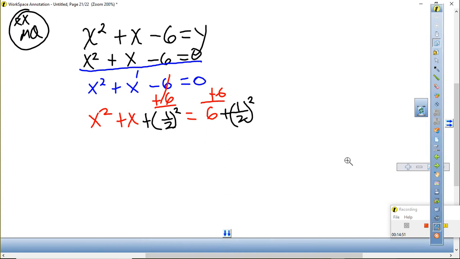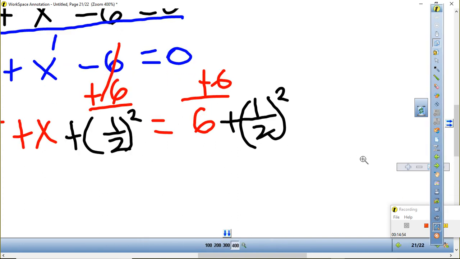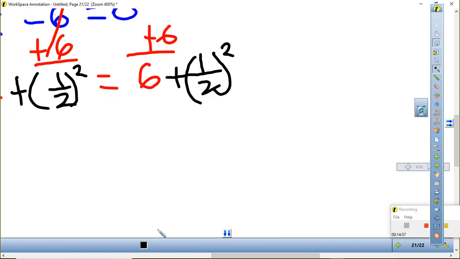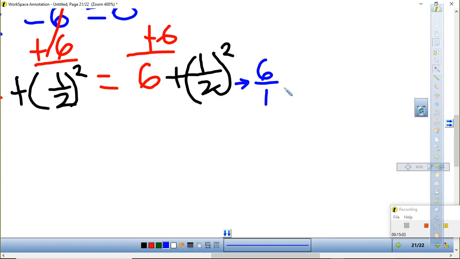I'm going to zoom in so I can focus on the right-hand side. I need to make that into a fraction because I'm going to end up with a fraction over here. So this is 6 over 1 plus, what is 1 squared? 1. What is 2 squared? 4. To have a common denominator, I need to multiply this one times 4, this one times 4.